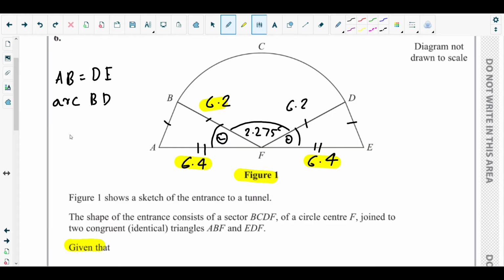If the sides are a, b and c, then cos theta equals the sum of the squares of the two adjacent sides, a squared plus b squared minus c squared, over twice ab. This is the cosine rule that we will be using.